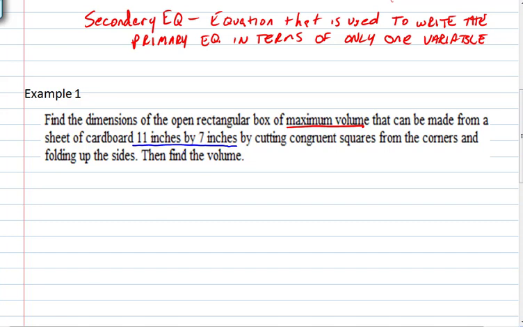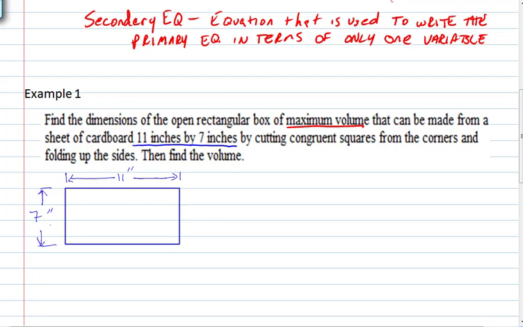Then find the volume. So what we have here is a sheet of cardboard, rectangular in shape, that's 11 by 7 inches, right? So this is going to be 11 inches from here to here by 7 inches, from here to here.